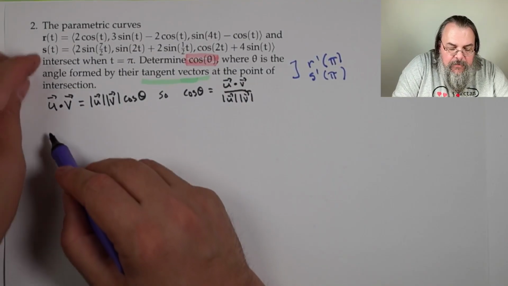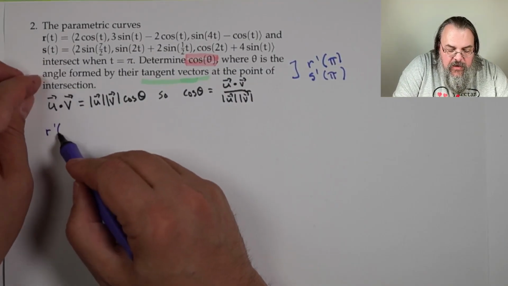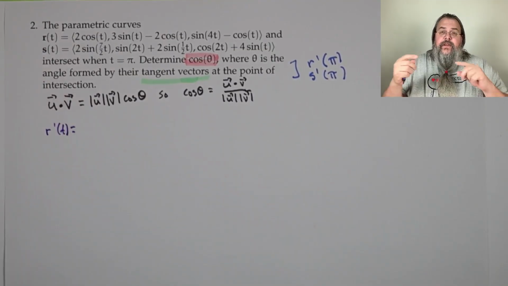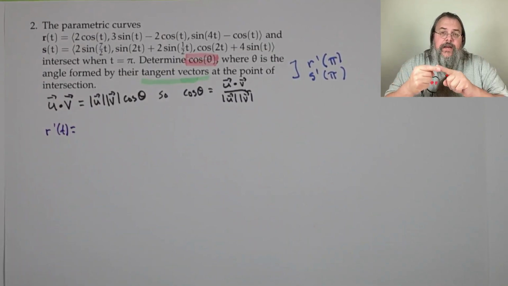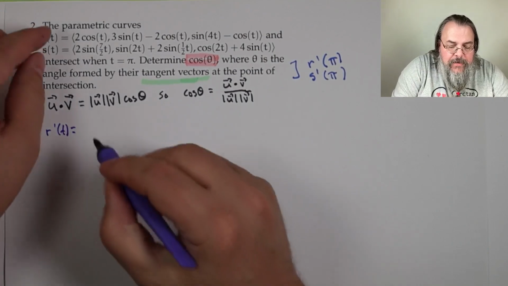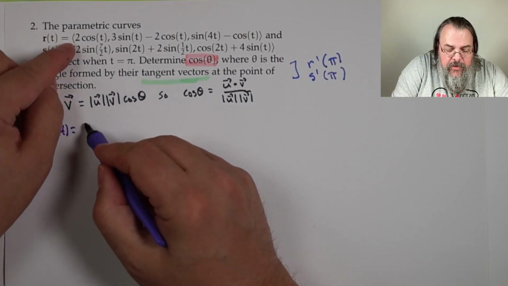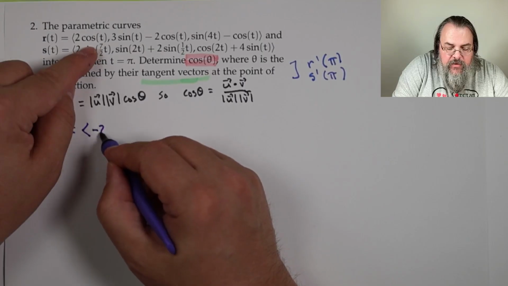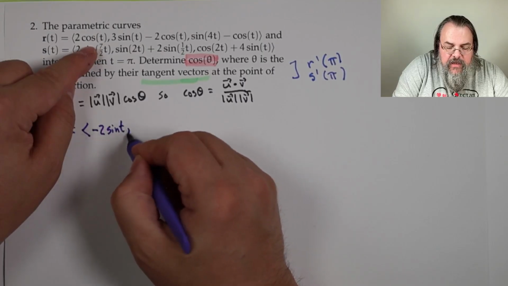Okay, so we're going to be very patient here because there's a lot of terms. And the good news is it's all sines and cosines. So quick recap, derivative of sine is positive cosine, derivative of cosine, negative sine, and don't forget the chain rule. So with all that in place, here we go. Derivative of cosine was negative sine, so minus 2 sine t. All right, that's that entry.